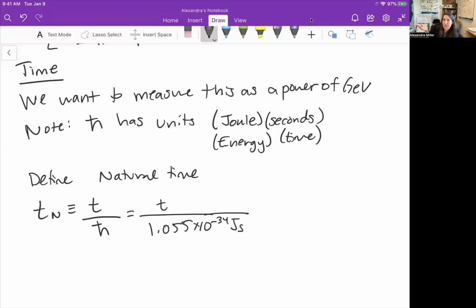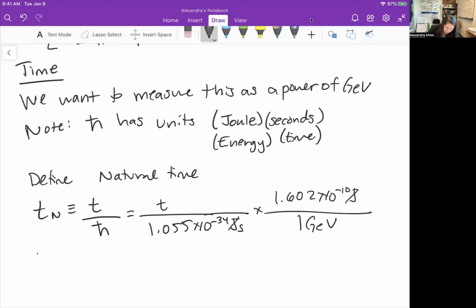But again, in particle physics, a joule is just not a very useful unit of energy. So instead, now we're going to do the unit conversion and use the fact that, again, 1.602 times 10 to the negative 10 joules is equal to 1 GeV. So we see our joules cancel. The seconds that are left here are going to cancel with our normal time variable, which I'm imagining we're measuring in seconds.